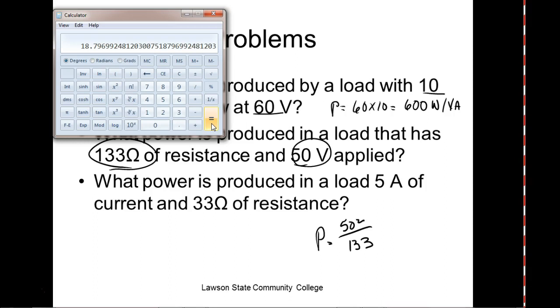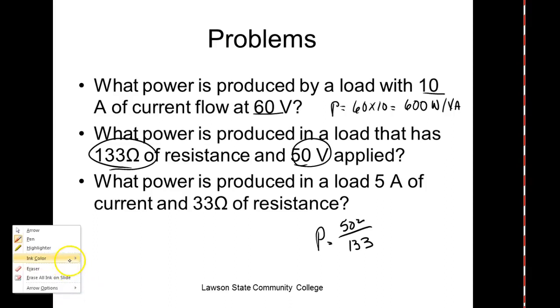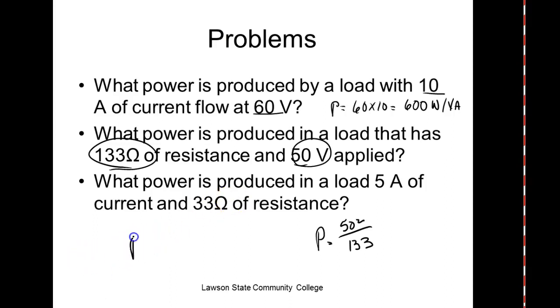What power is produced in a load with 5 amps of current and 33 ohms of resistance? So here we would use the formula. Power would be equal to I squared times R. So power would be equal to 5 squared, which would be 25, times 33.